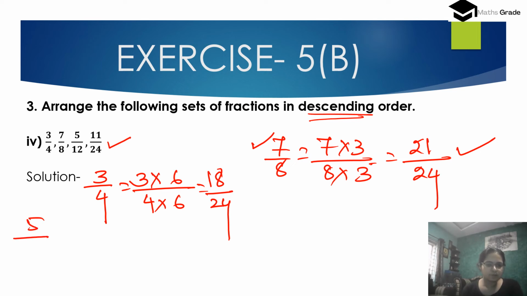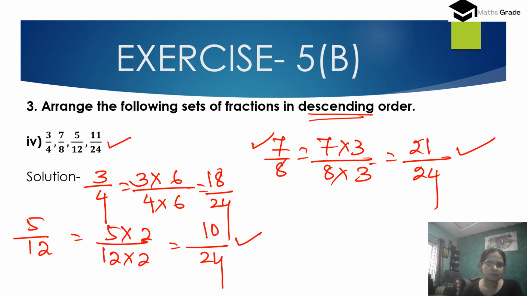Now convert the fraction 5 divided by 12 into an equivalent fraction with the same denominator. In the table of 12, if we multiply 12 with 2, we get 24. So we have to multiply the same number 2 with the numerator 5. So 5 multiplied by 2 is 10.